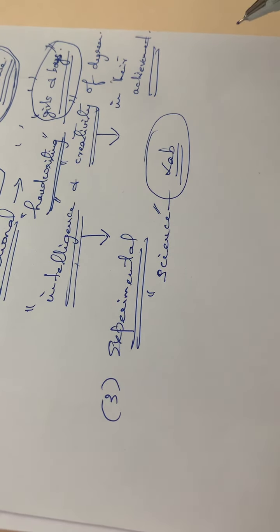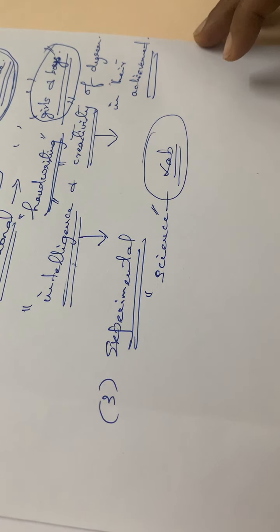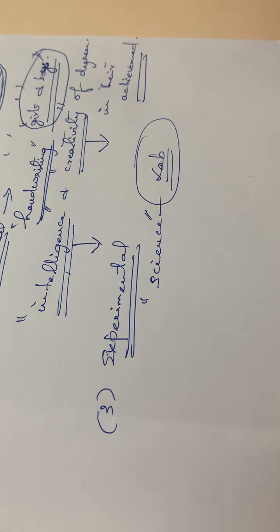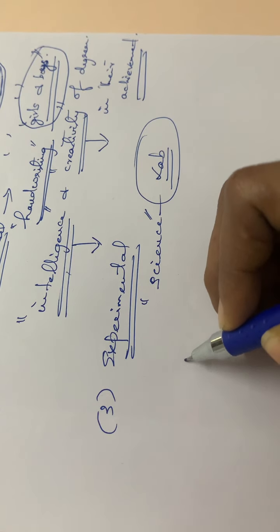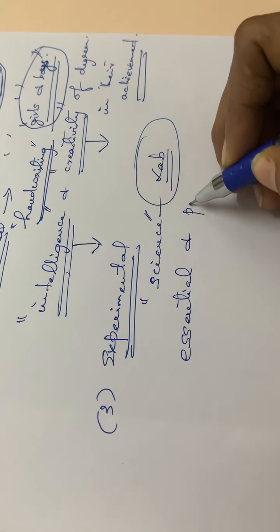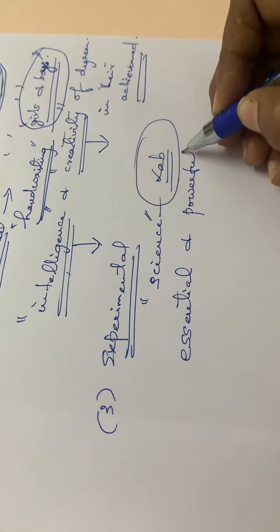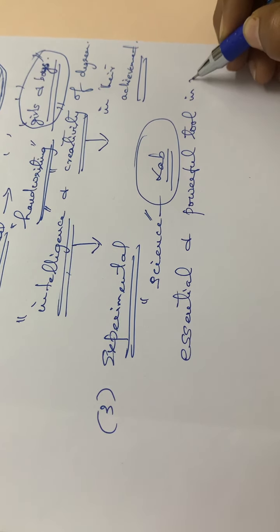But in the case of humanities also, while going through education or in schools, we can conduct experimental studies. And this experimental research is an essential and a powerful tool in research.